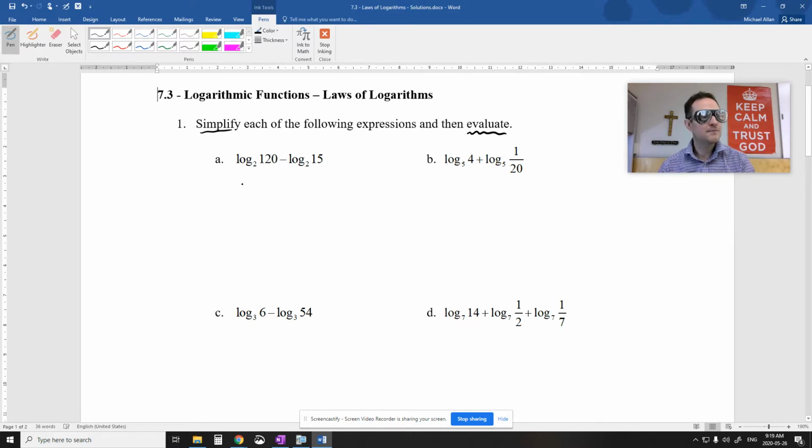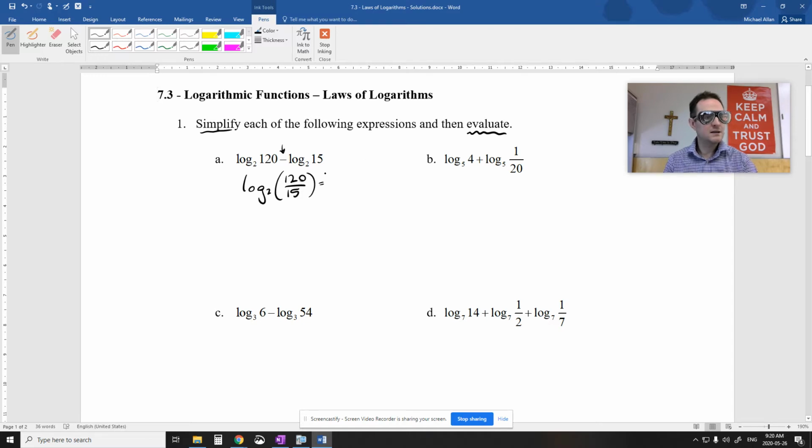So simplify. I'm going to combine these two things together, and I'm going to get 120, because I'm minusing here. I'm going to divide what's inside those two. Let's get 120 divided by 15. Because I'm a little bit too lazy to do mental math at this point, I'm just going to go 120 divided by 15.